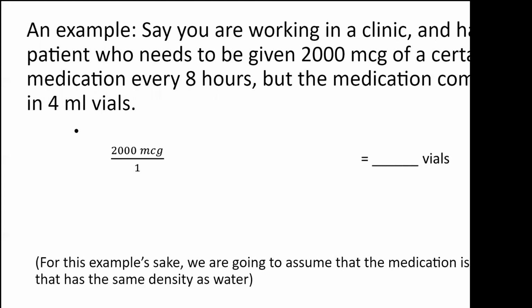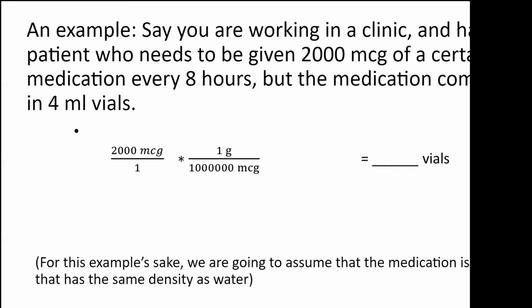So we start out with information we have from the problem. Say we have our 2,000 micrograms. Now what we can do is multiply by 1. We're not going to need micrograms, we're trying to get to grams.